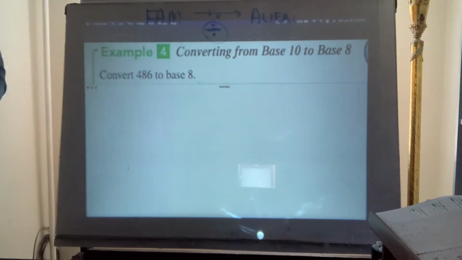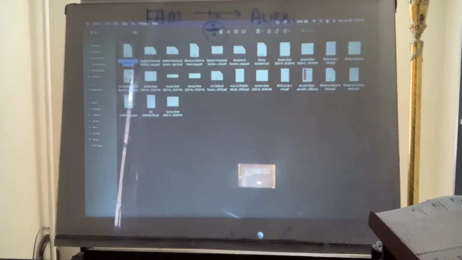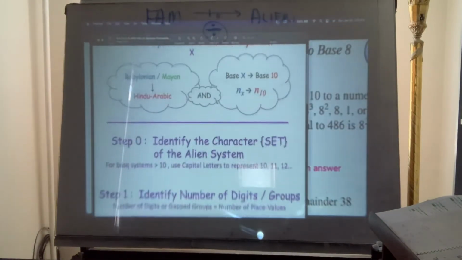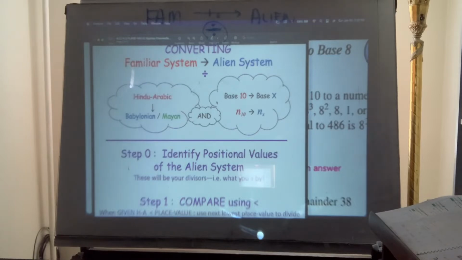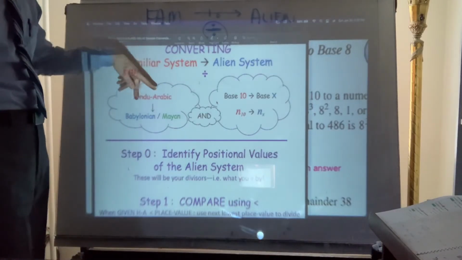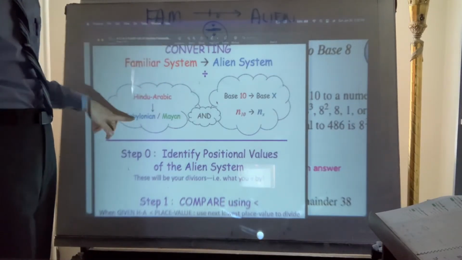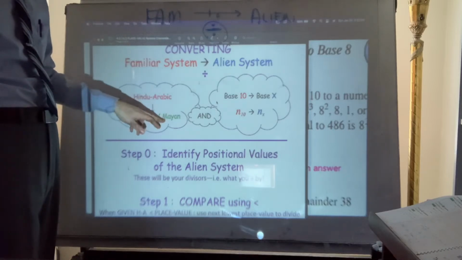And just to reiterate that point from earlier, we're doing essentially this now. We're going to convert from Hindu Arabic, because that's what base 10 is, to an alien system, not necessarily Babylonian.